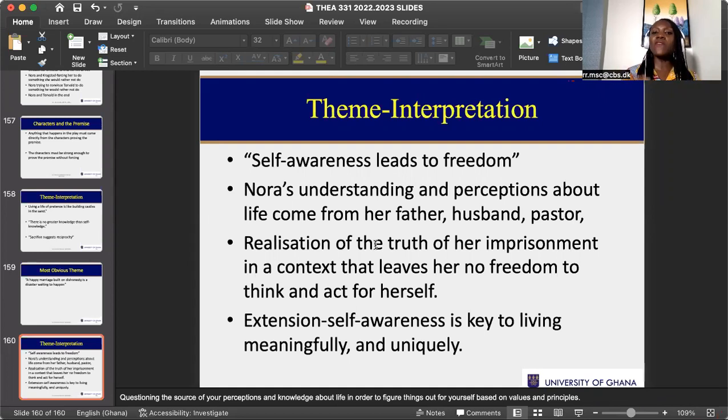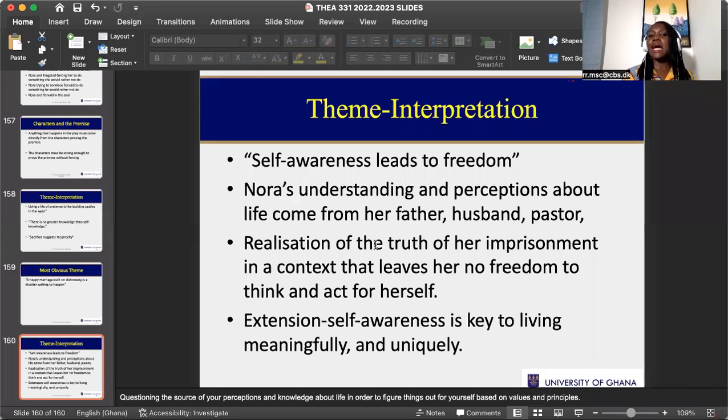And so self-awareness, that is you realizing your place within society, you questioning your own mind and your own thinking about certain things, trying to judge its rightness or wrong, trying to determine things for yourself.